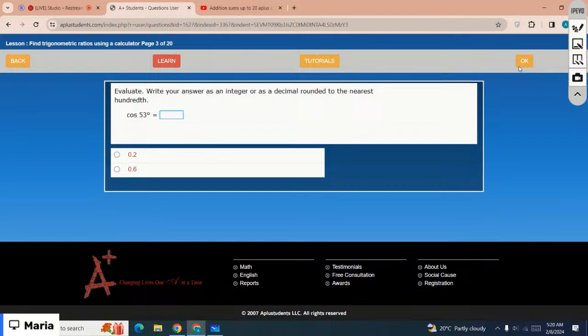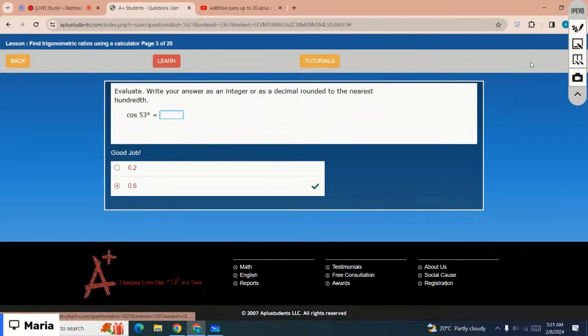The next one is evaluate cos 53. So which is the correct option? Cos 53. The correct option is 0.6. Cos 53 equals 0.6.